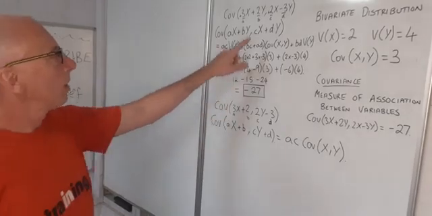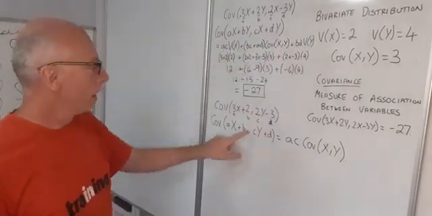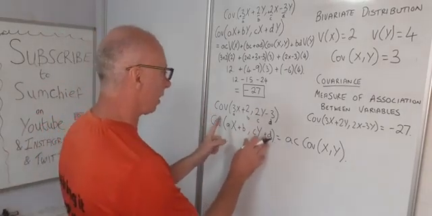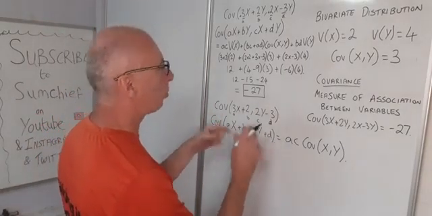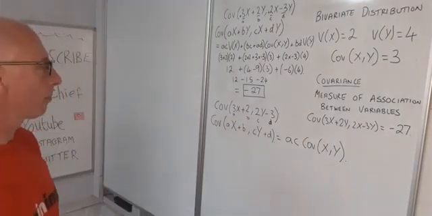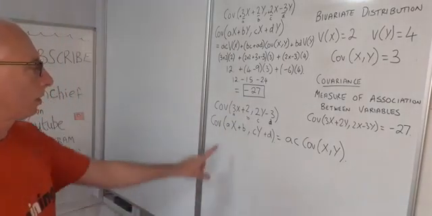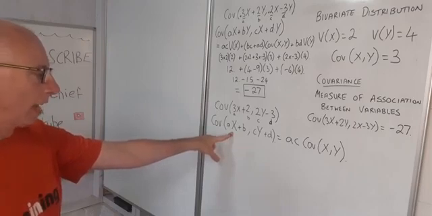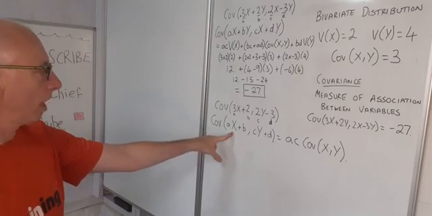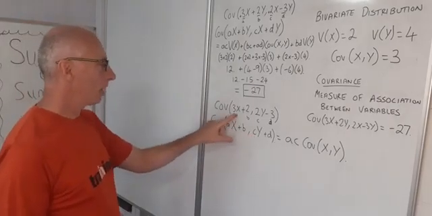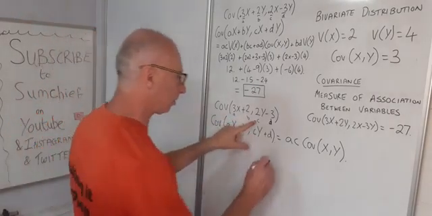Now we don't need to include the variances in this formula, because the variables are separated here, so multiplying the variance of each one together to get our answer is not needed in this case. So now we're looking pretty straightforward: ac times the covariance of xy. a times c is 3 times 2, which is 6.